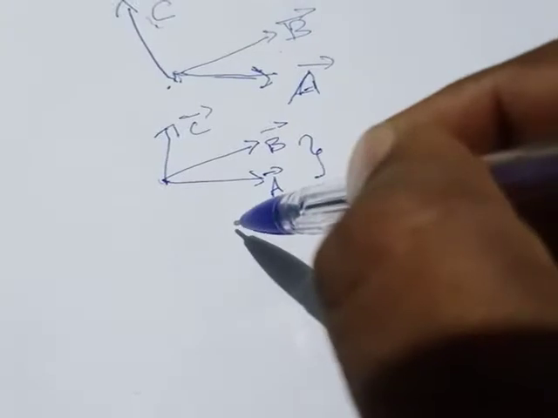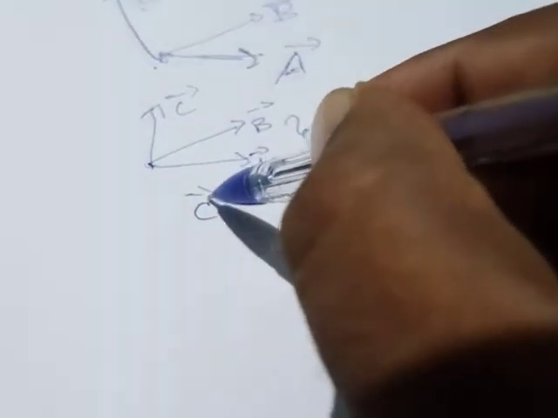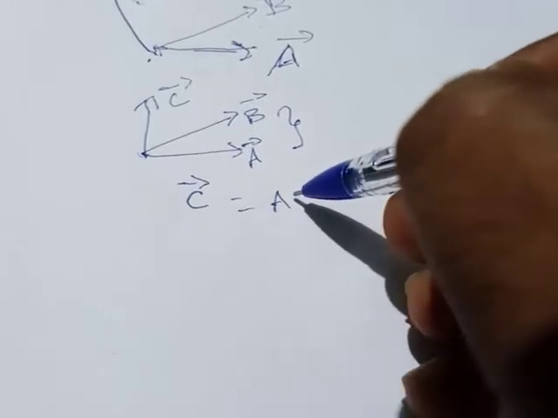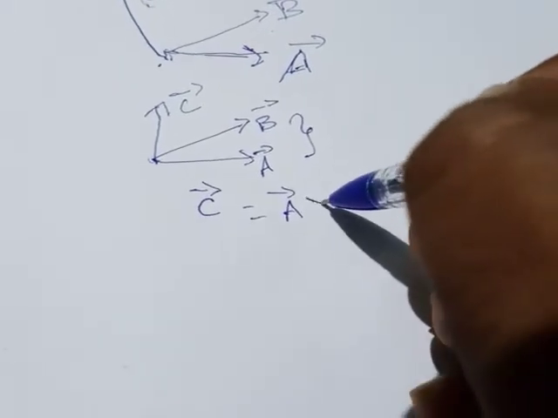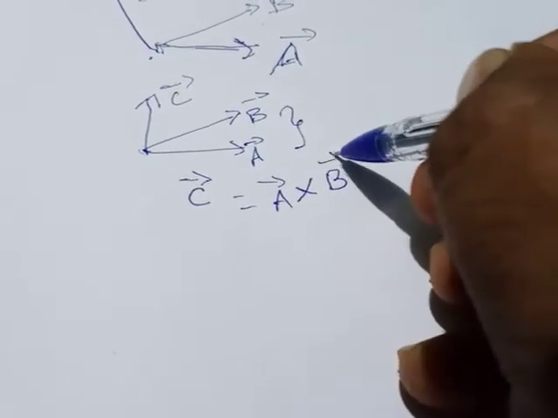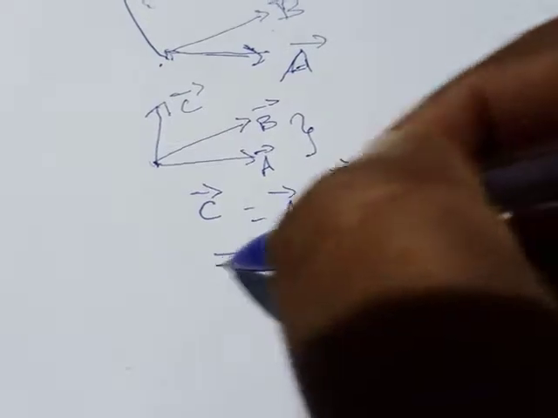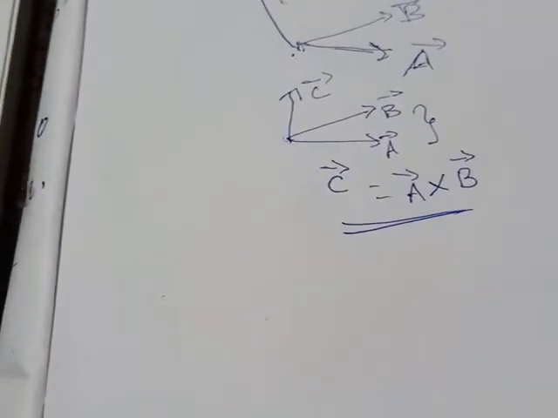So if we are taking the resultant of this, we will get C vector is equal to A vector cross B vector, and this is what we call the cross product or vector product.